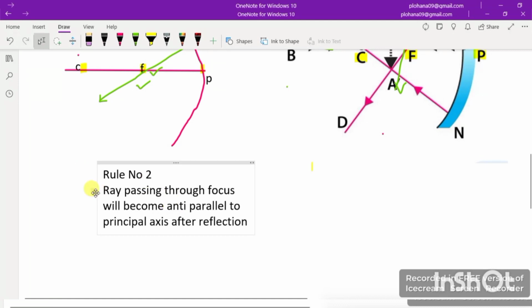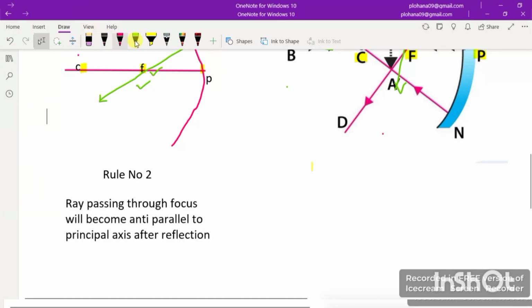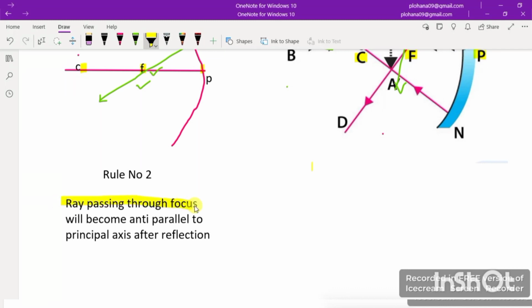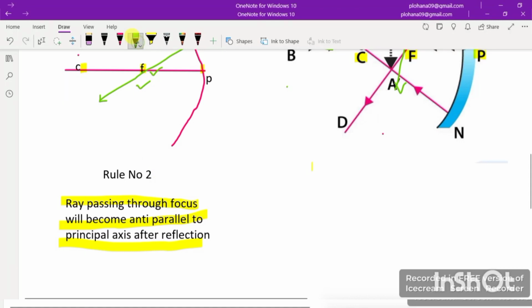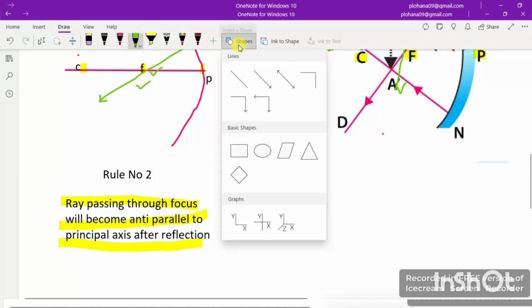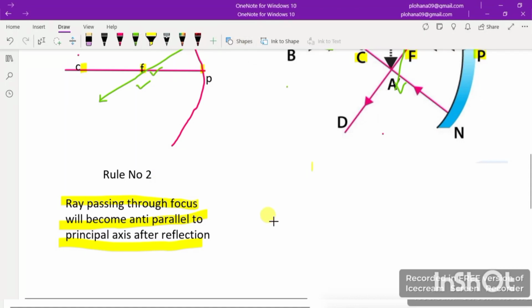Okay, now basically what it is saying, let's see. Let me use the highlighter. A ray passing through the focus will become anti-parallel to the principal axis after reflection, right? So I'm just going to explain this with the diagram. Basically, we have the principal axis, right? Let me make points.